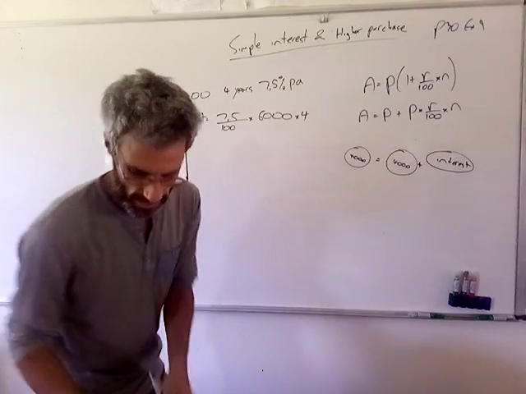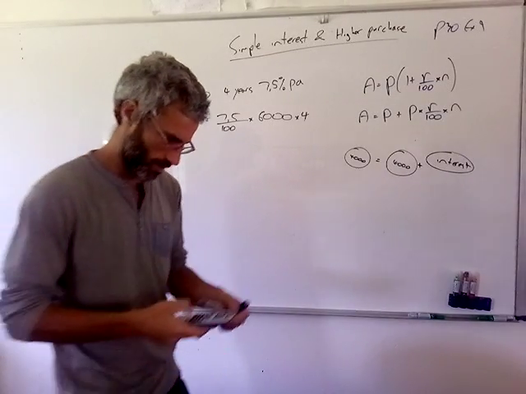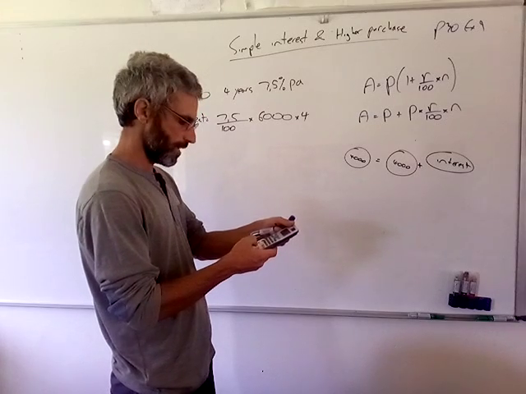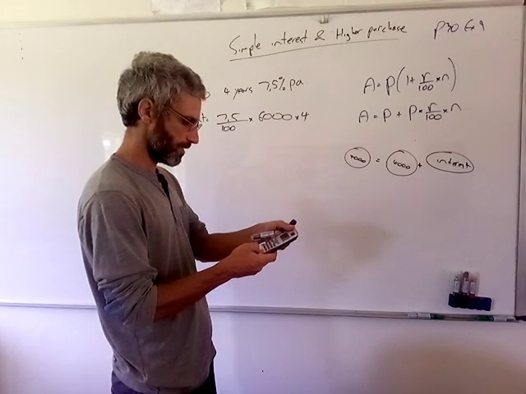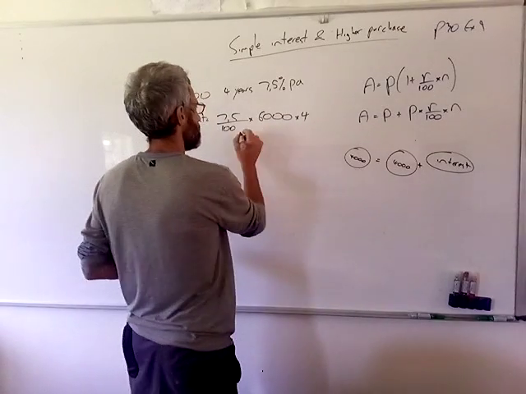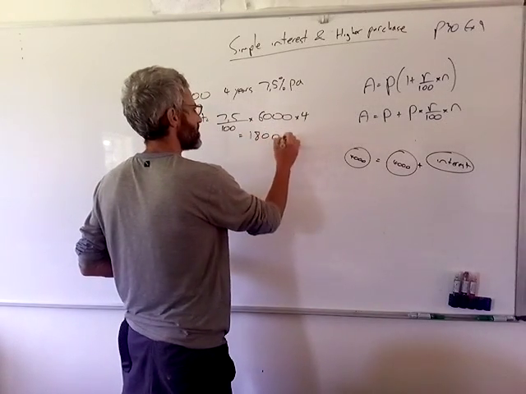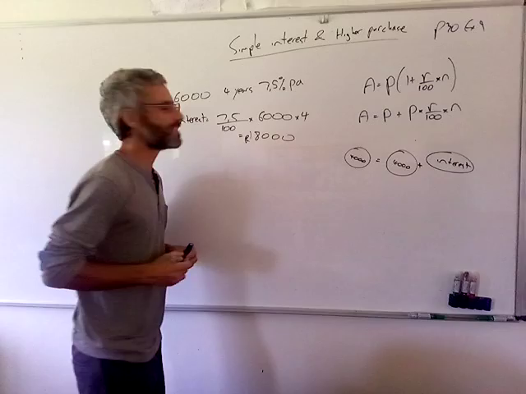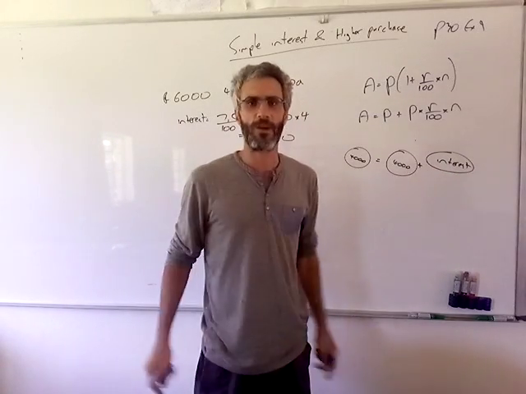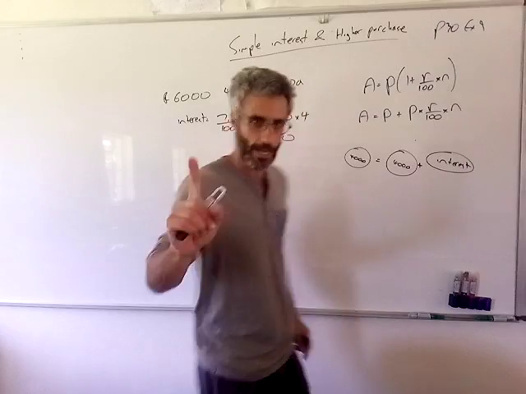Let's get the calculator. So 7.5% times 6,000 times 4, and I got 18,000. So my answer is 18,000 rand. That's the amount of interest, the amount that it grew. Now a little remark here.